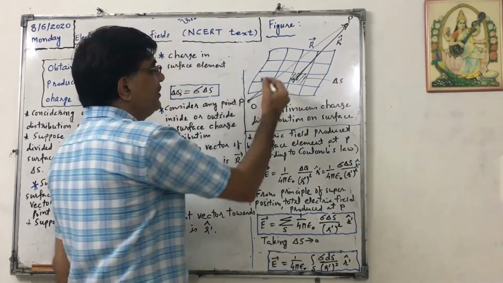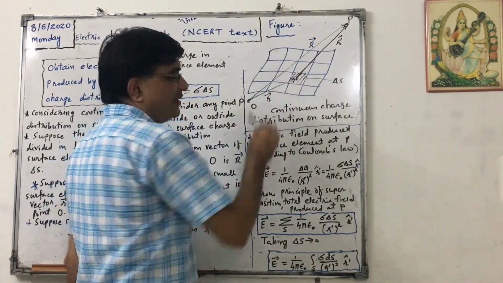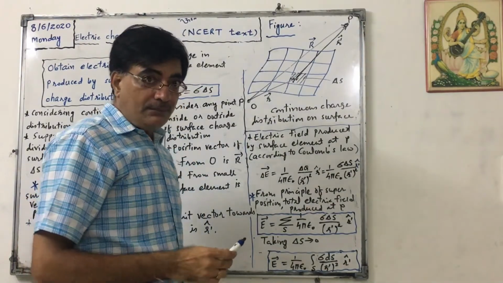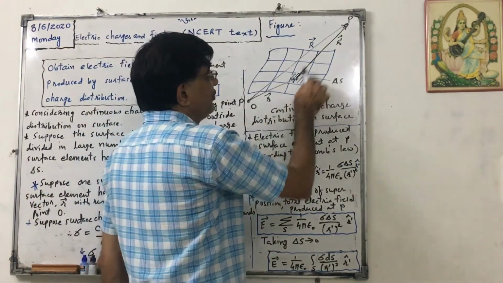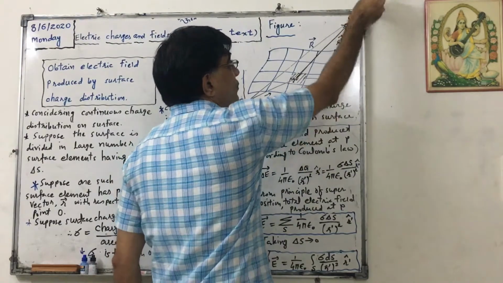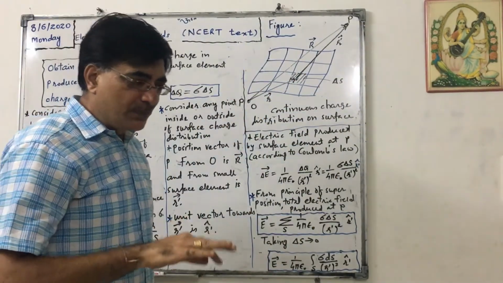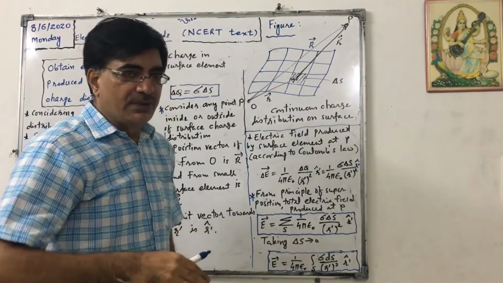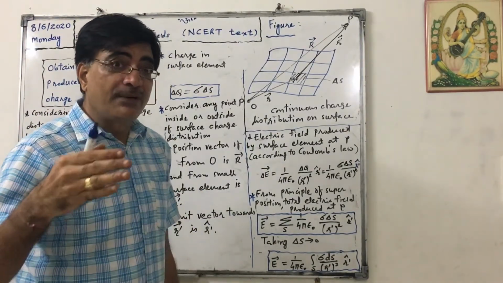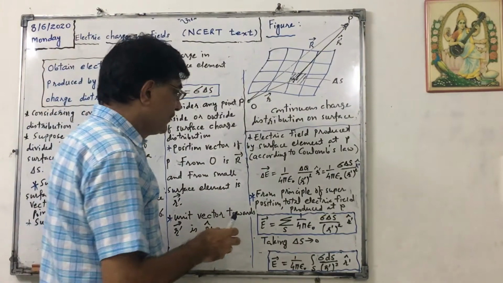Here we have considered positive charge on this surface, because then positive will offer repulsive force to positive, so the electric field will be in this direction. It is not compulsory to consider positive distribution, but here we have considered positive.